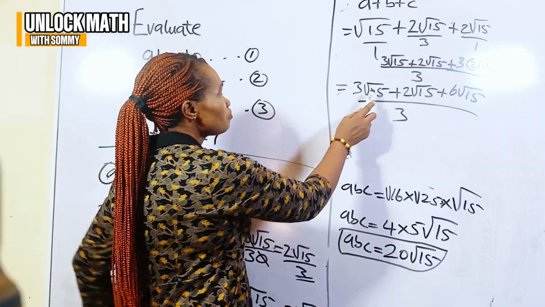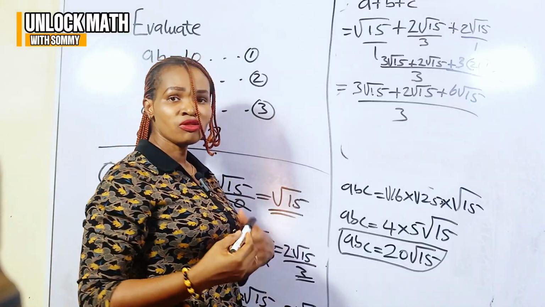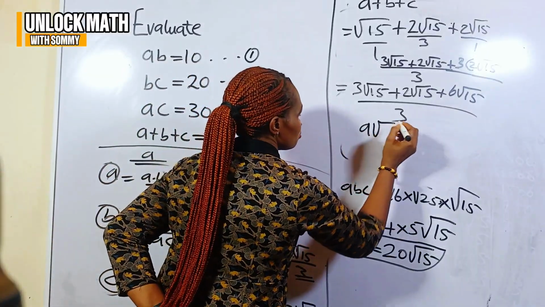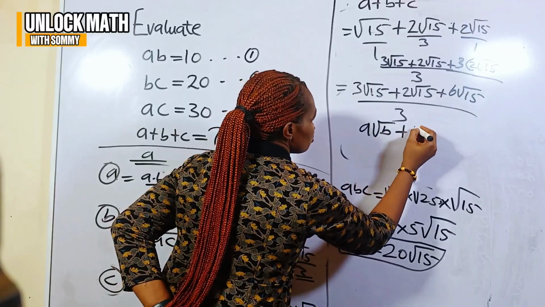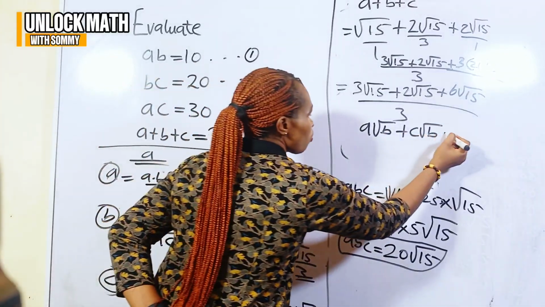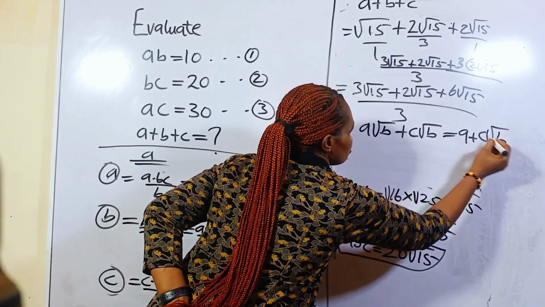If you notice, we have root 15, root 15, root 15. There is a law that says when we have A root B plus C root B, it is the same thing as A plus C root B.